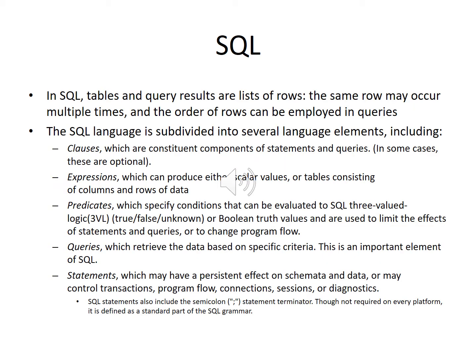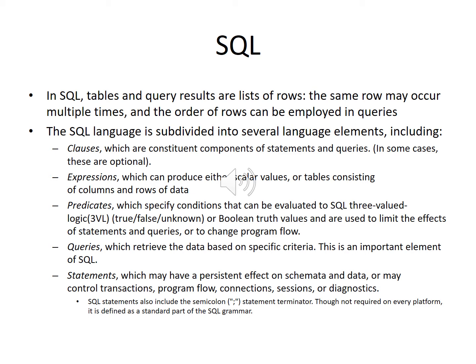In SQL, tables and query results are a list of rows. The same row may occur multiple times, and the order of rows can be employed in queries. The SQL language is subdivided into several language elements, including clauses, which are constituent components of statements and queries. In some cases, they are optional.